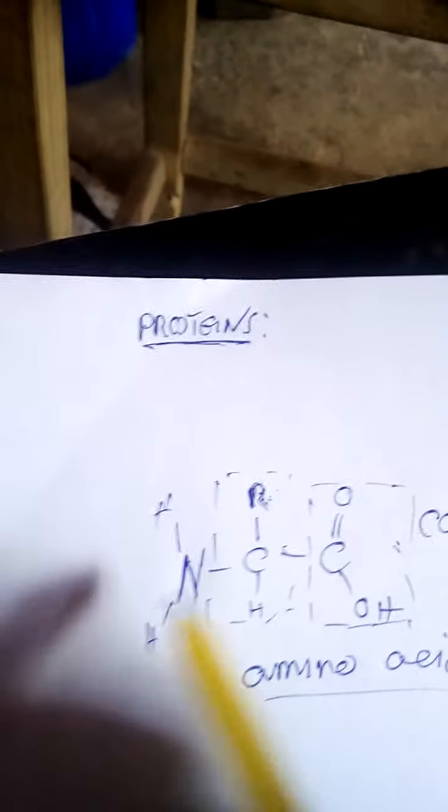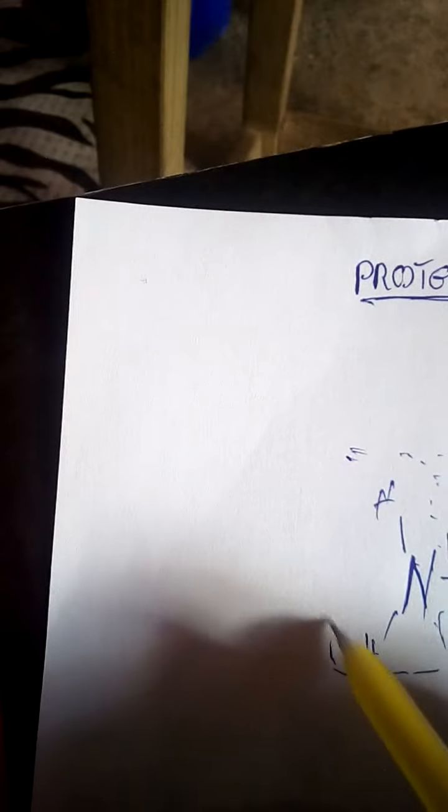But this is the basic structure. And then this far end, I've got what you call the amide group. They've got the characteristics of a base.